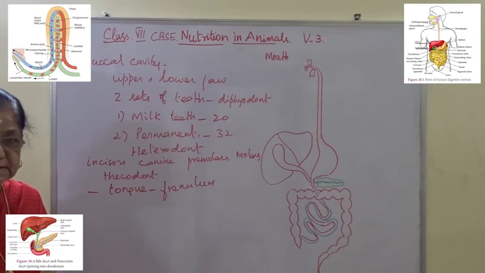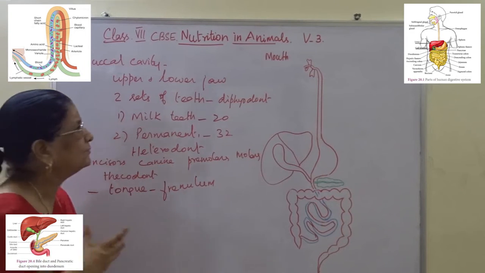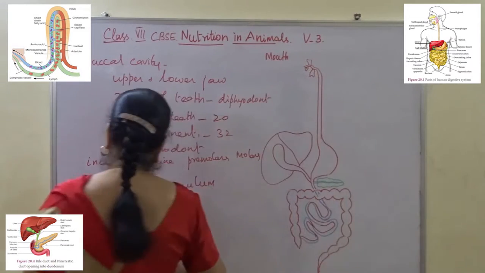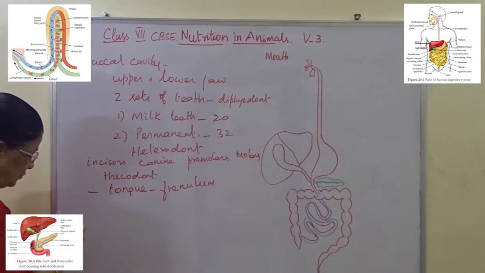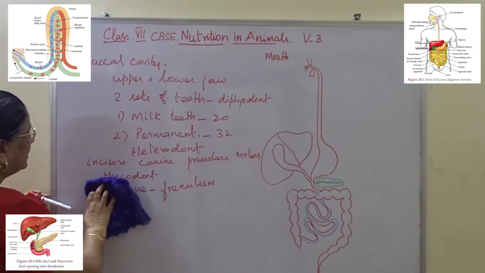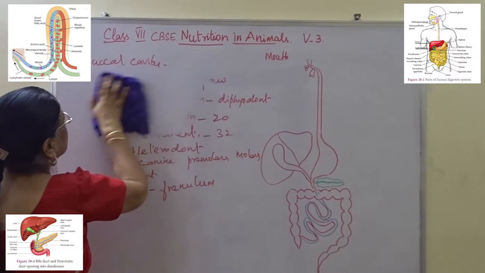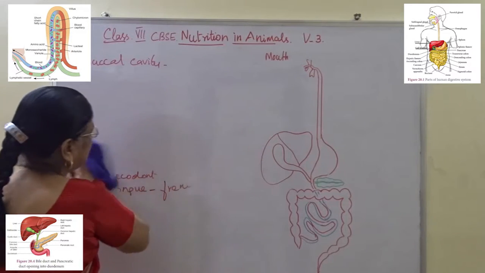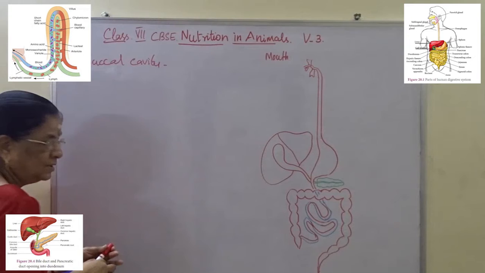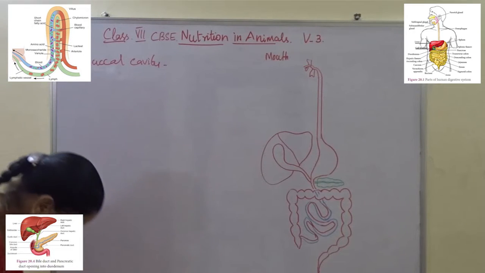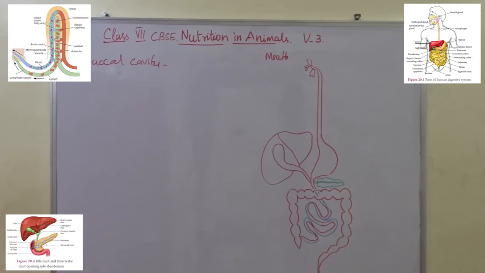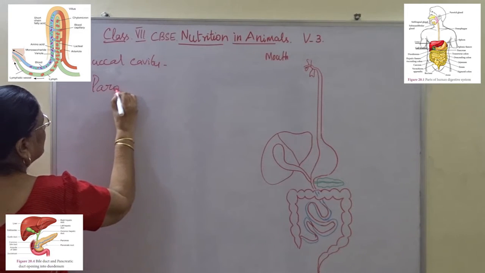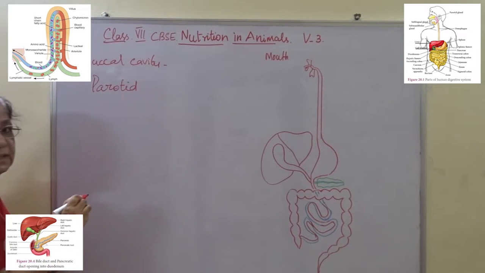And then the secretion in the buccal cavity: there are 3 pairs of salivary glands.